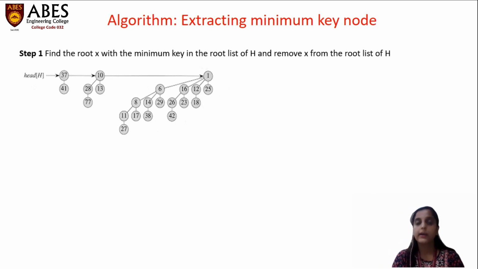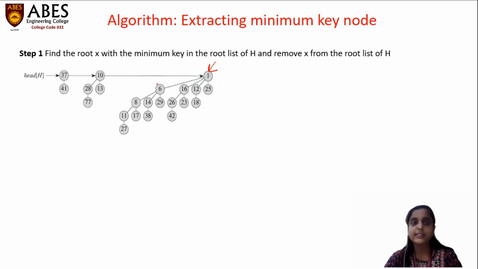In this video, we're not going to take that topic, so we are assuming that we already know how to find the minimum element. So we directly came to this point because we know 37 is greater than 10, 37 is greater than 1, 10 is greater than 1, and 1 is smaller than both the values. So 1 is the minimum element in this binomial heap.